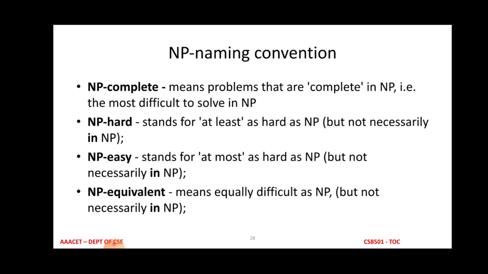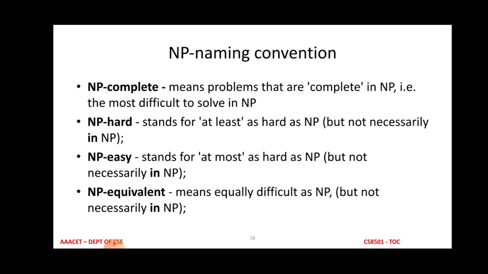So this is the NP naming convention. We know what is NP complete and what is NP hard. NP complete means the problems that are complete in NP, and it is the most difficult to solve. NP hard stands for at least as hard as NP, but not necessarily in NP, because there are 2 properties to be satisfied by an NP complete problem.